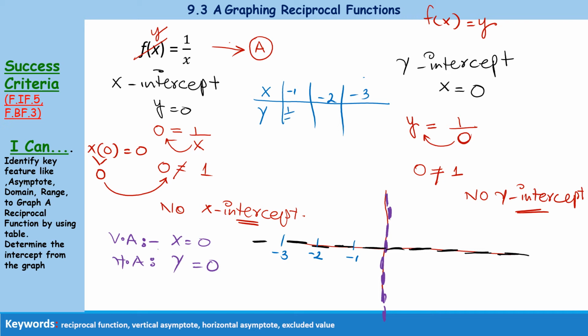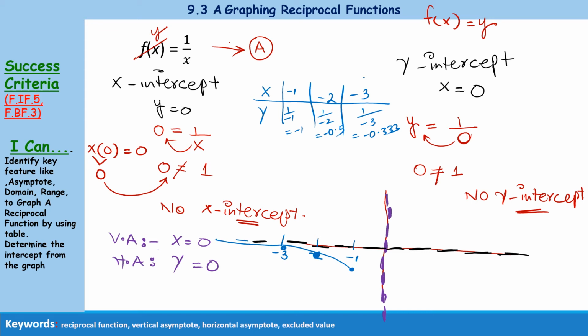So 1 over -1 gives you -1. 1 over -2 gives you -0.5. 1 over -3 gives you -0.333. Just draw them: -1 and -1 here, -2 and -0.5 over here, and -3 and -0.333 over here. And you go further and further.